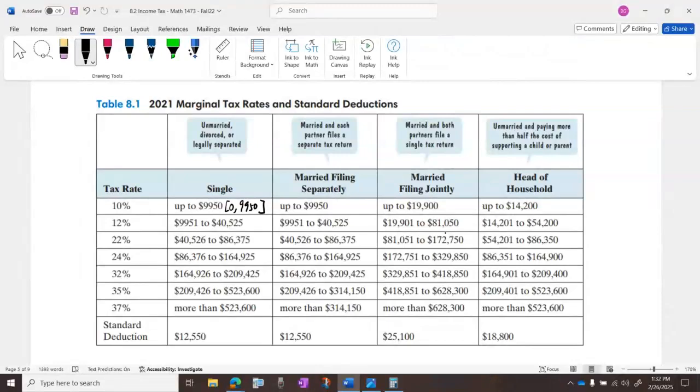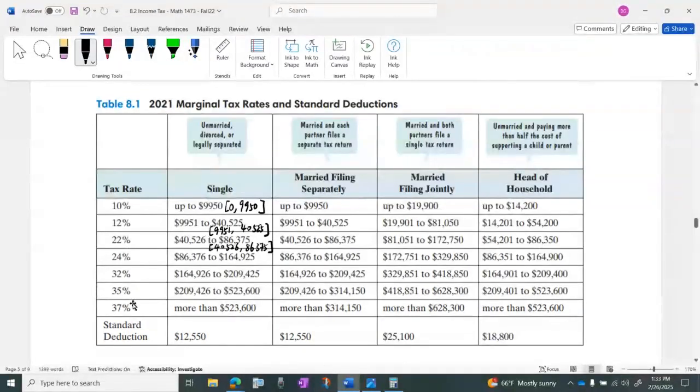This is the first bracket, okay? And the second bracket is from 9,951 to 40,525. And the third bracket is 40,526 to 86,375. And so on, okay?